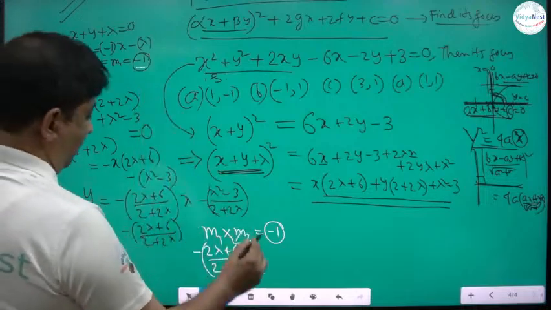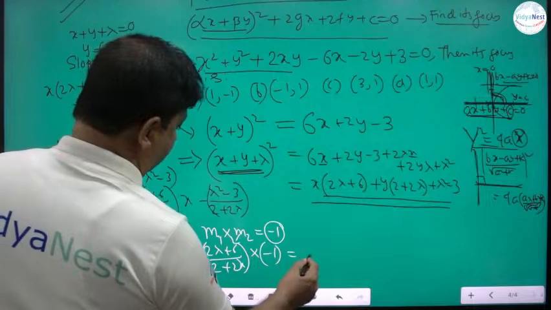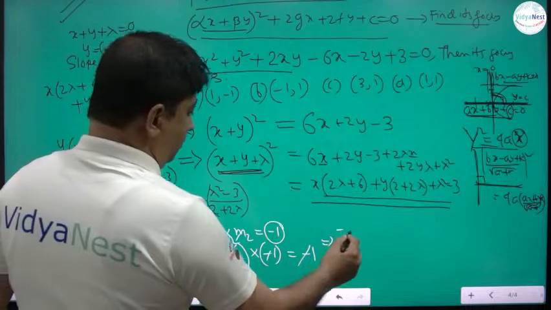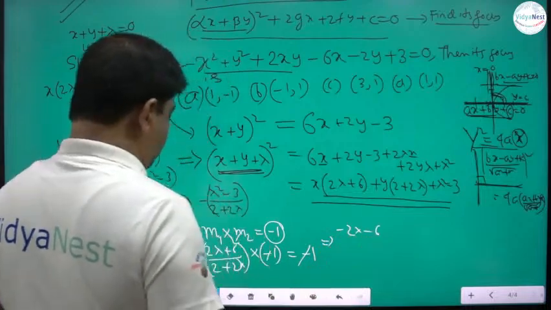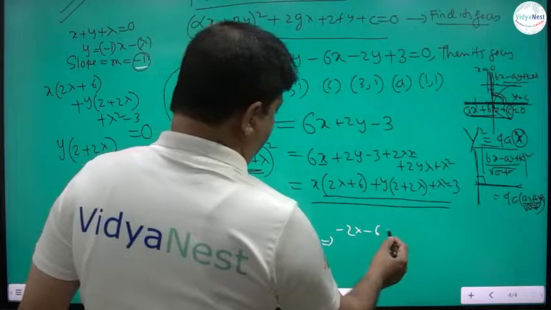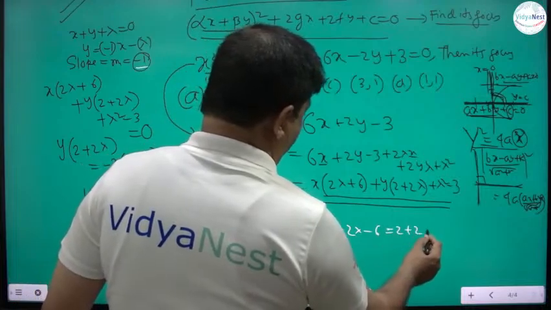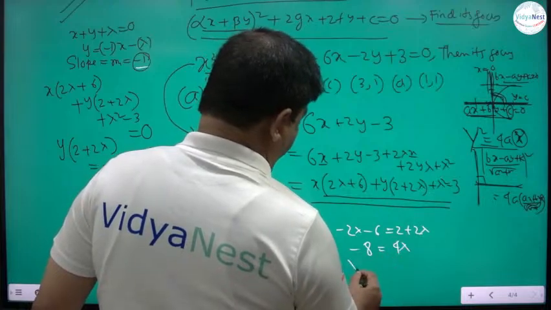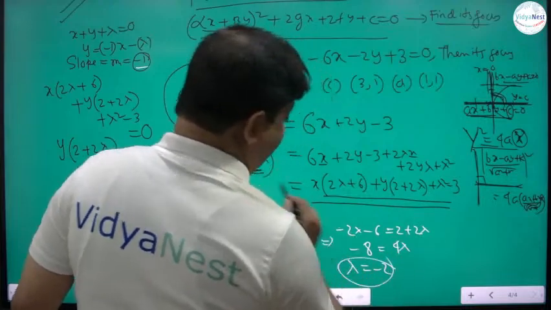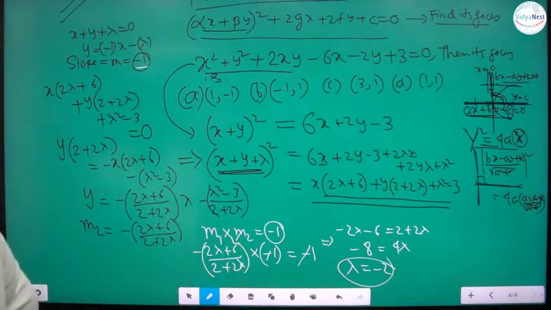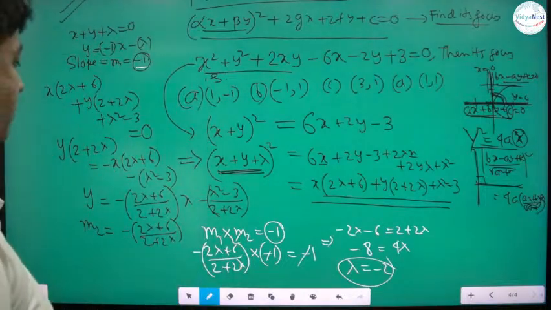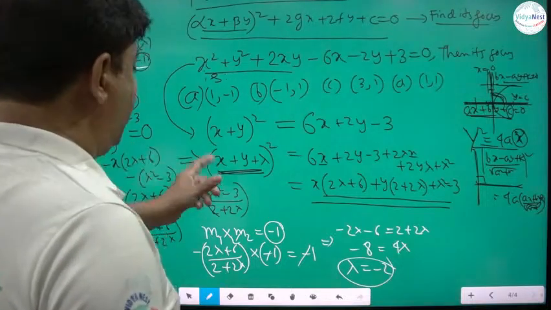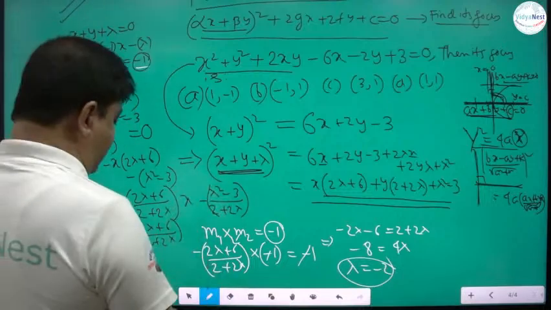M1 is minus 1. Minus minus cancel. Minus 2 lambda minus 6 is equal to 2 plus 2 lambda. Lambda we have got as minus 2. Okay. So this equation will be turned into what?